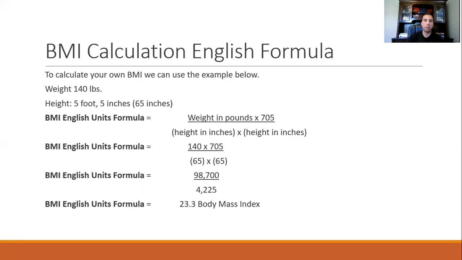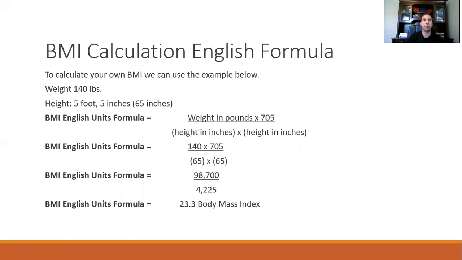Calculation: now you could find it to the exact tenth of a pound. To calculate your own BMI score, we're going to use an example. You have to find your weight; for this person, it would be 140 pounds, and also your height, 5'5", so that's a total of 65 inches.